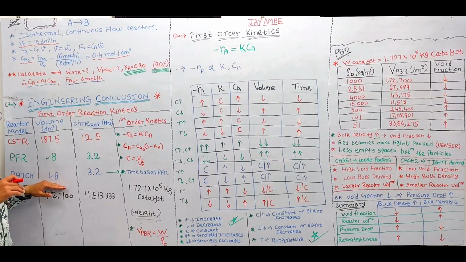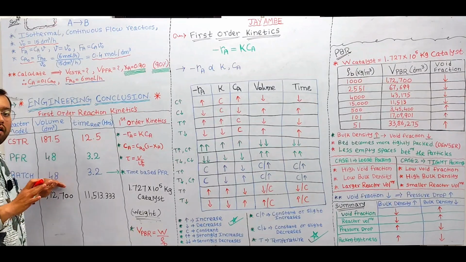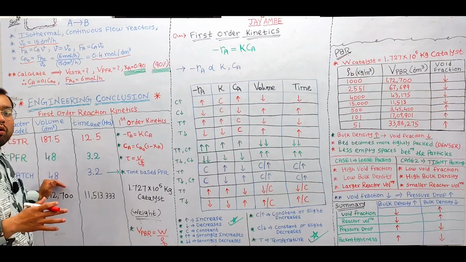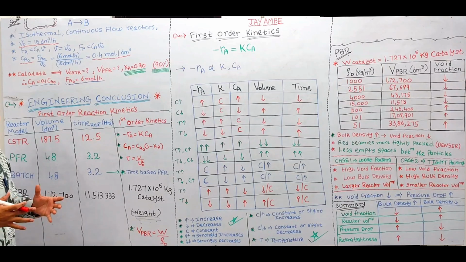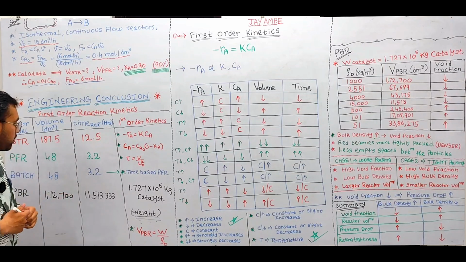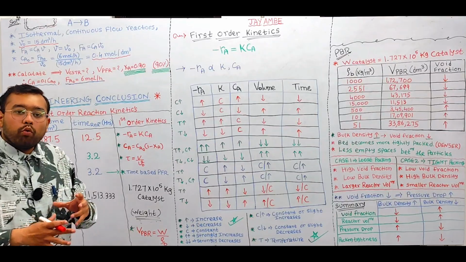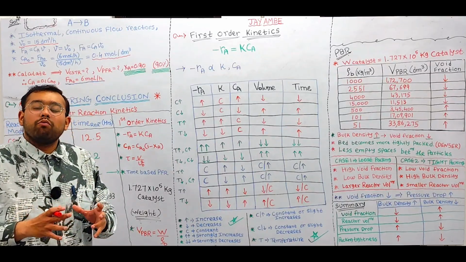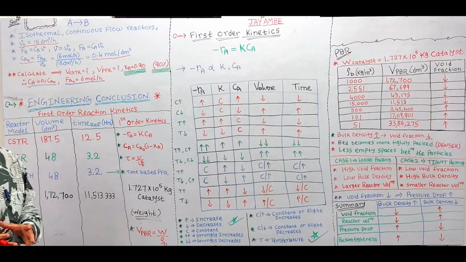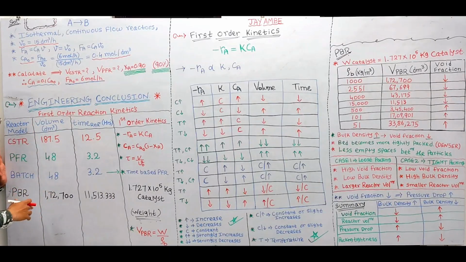Now I will also make you understand how, from the performance equation of the batch reactor, we have derived the volume equation in order to calculate the volume of the batch reactor. By modifying the performance equation, we have derived a new volume equation in order to calculate the volume of the batch reactor.